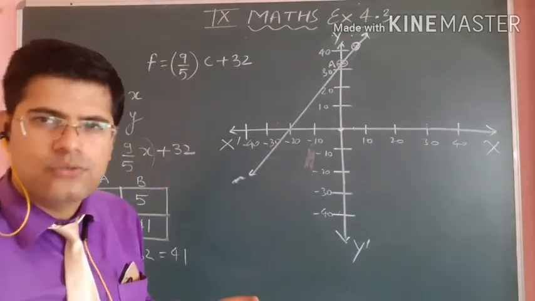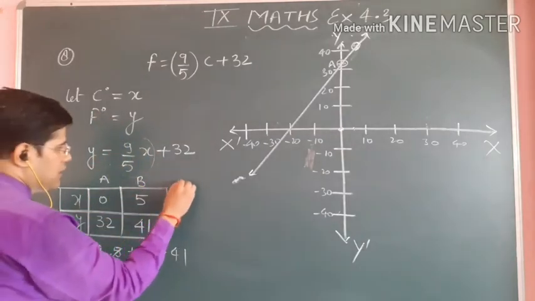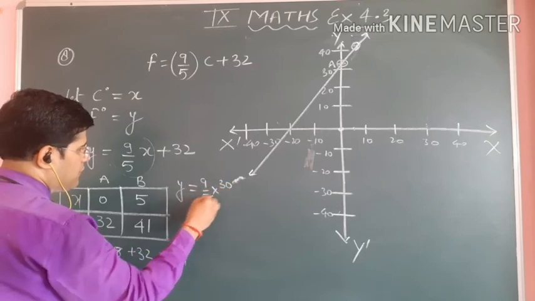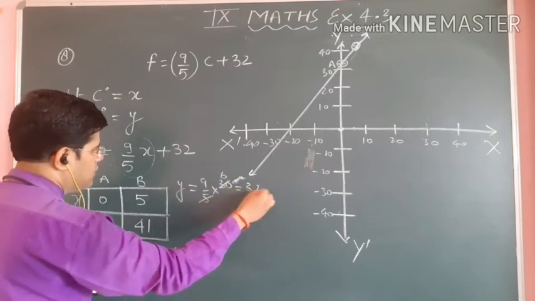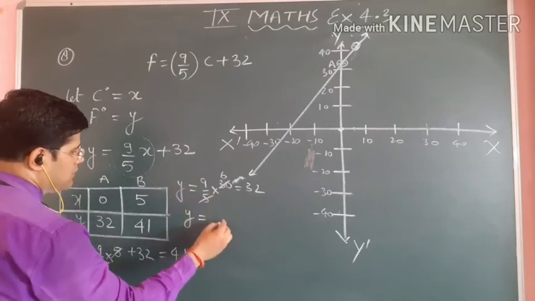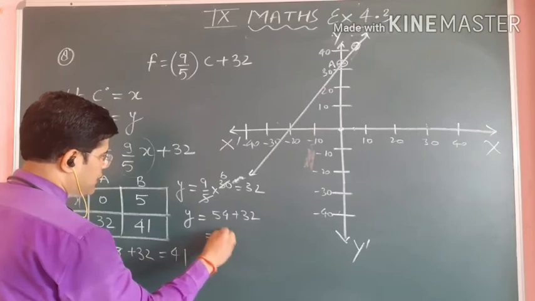And if you want to solve it, then put x equal to 30. Then y is equal to 9 upon 5 into 30, plus 32. 5 sixes are 30, so 9 sixes are 54, plus 32, that will be 86.